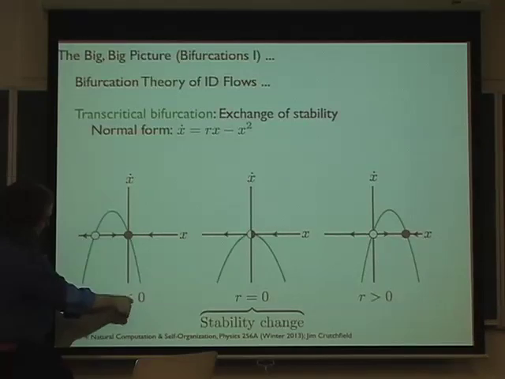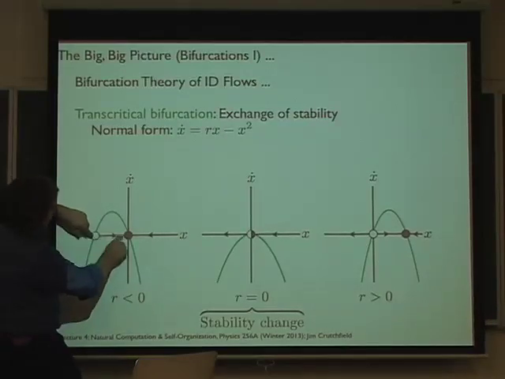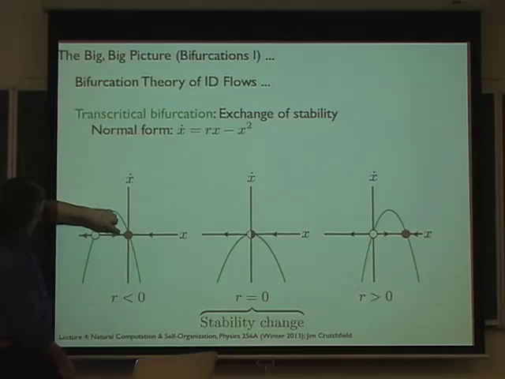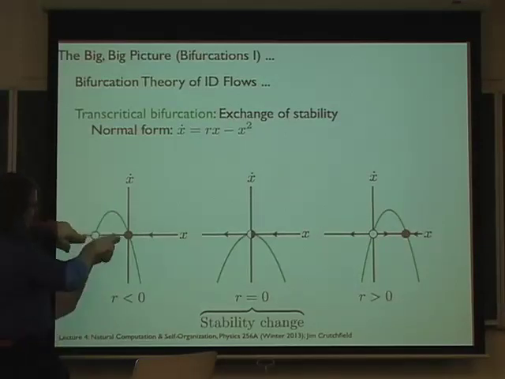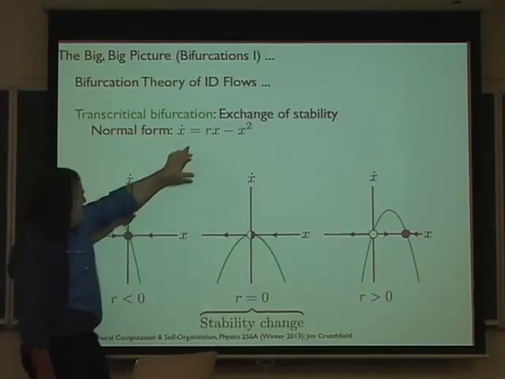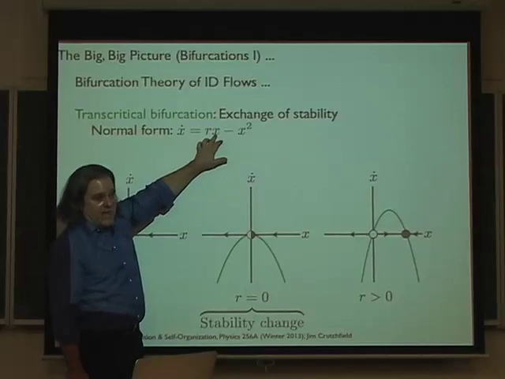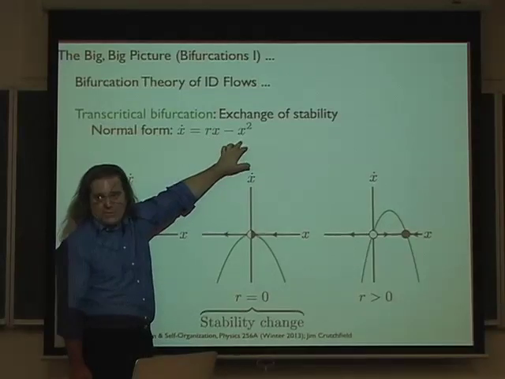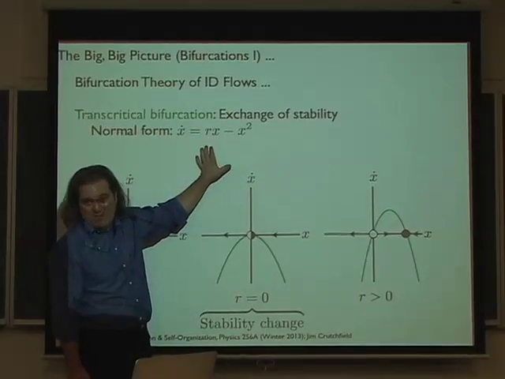So when r is negative, there's a small segment in here, just below the origin, where the vector field is positive. So here, this is the negative x-axis. R is negative, so r times x is positive, and if I'm sufficiently close to the origin, x squared will be small. So this first term will dominate and be positive.